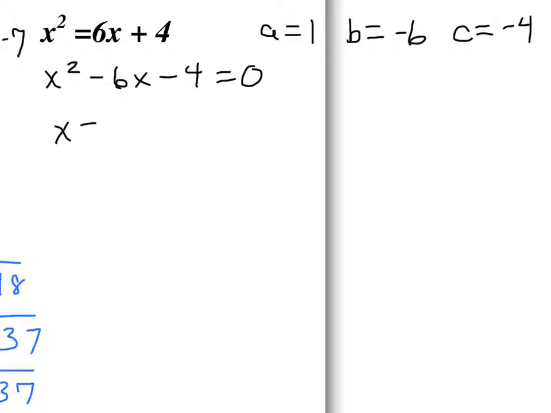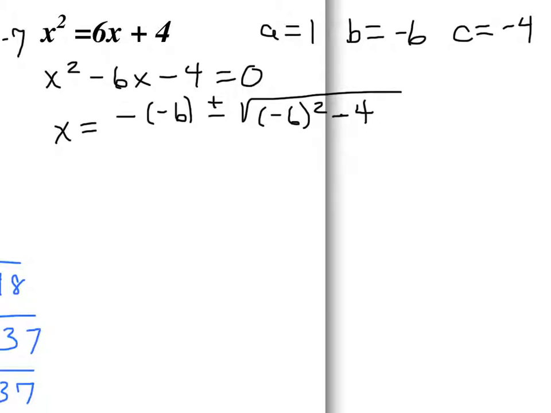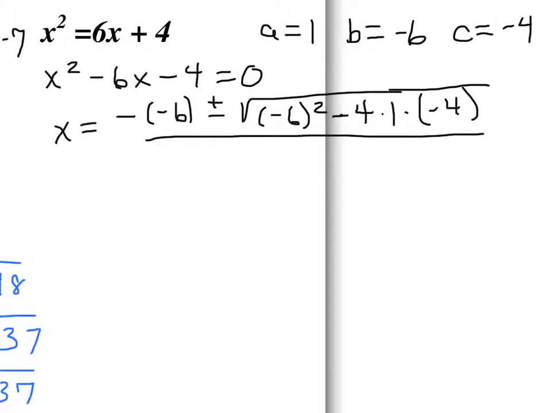So now we can solve using the quadratic formula. X is -b, so it's a -6, plus or minus the square root of b squared, so that's -6 squared, minus 4 times a times c, all over 2a.